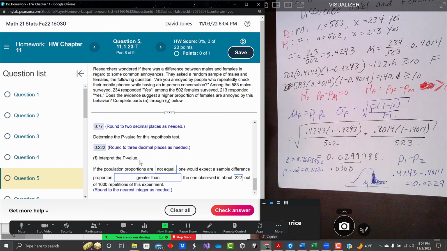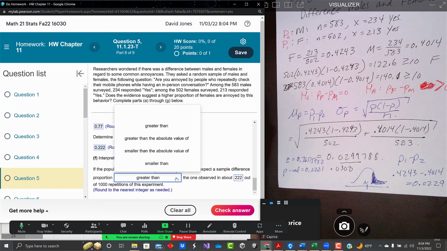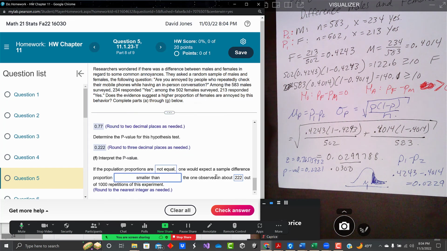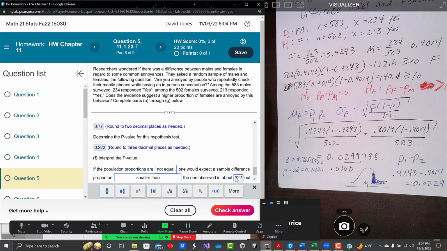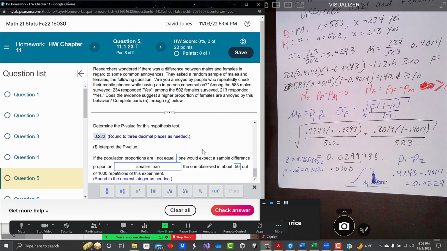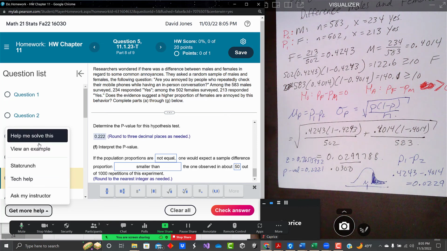Oh, 0.05 alpha. We're going to multiply that by 1,000, and we want that smaller than. So 0.05 times 1,000 is 50. If the population proportions are not equal, we would expect a sample difference proportion. I don't know, the wording on this is confusing.